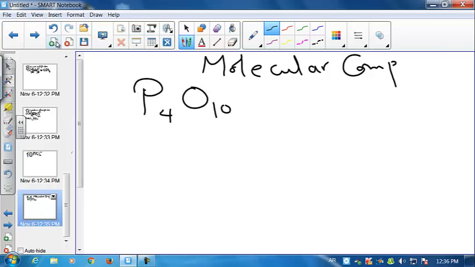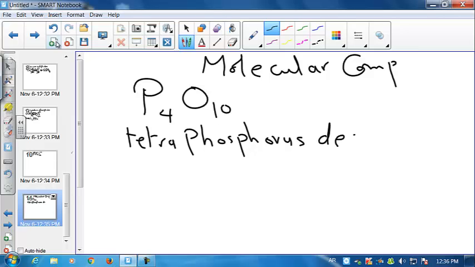We name it as it is. The second prefix, deca, and we put the root and ide: decaoxide. So it will be tetraphosphorus. Decaoxide, so two vowels come beside each other, so we remove the A and it will be decoxide.